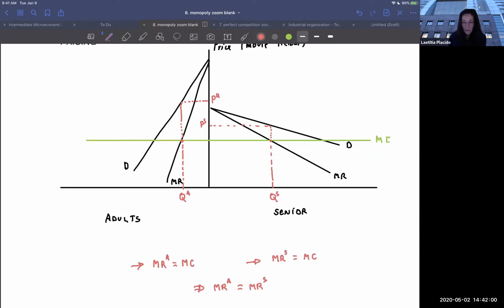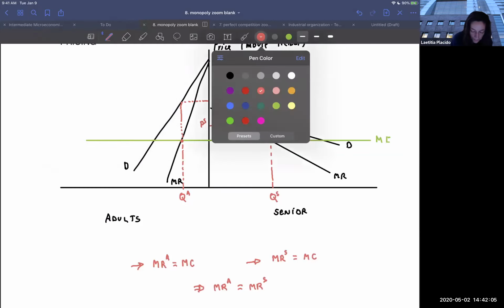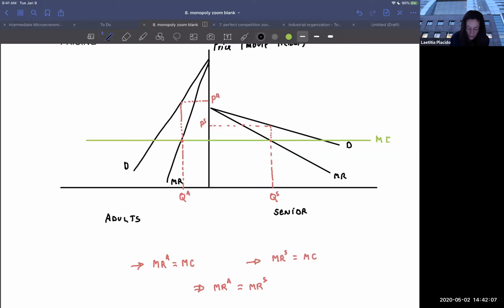Why do we have this equality here? Imagine that the marginal revenue for the group of adults is higher than the marginal revenue for the group of seniors. Well, in that case, the monopolist would be better off selling more to adults, because the marginal revenue of selling an additional unit to adults is higher than the marginal revenue you would get by selling to seniors.